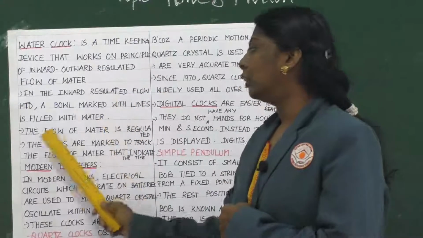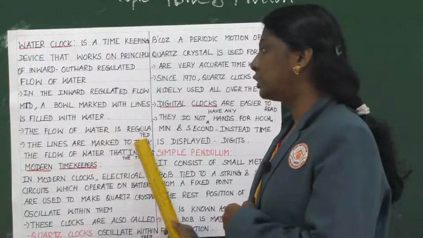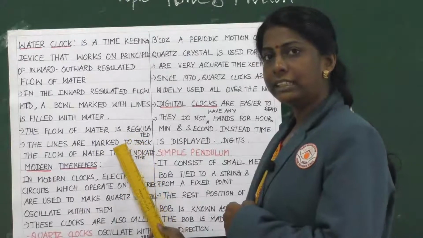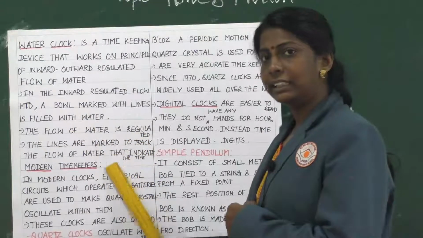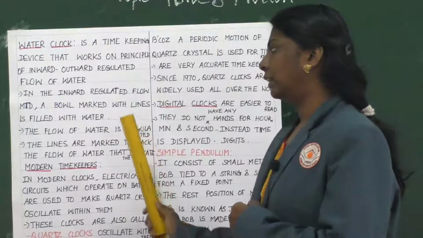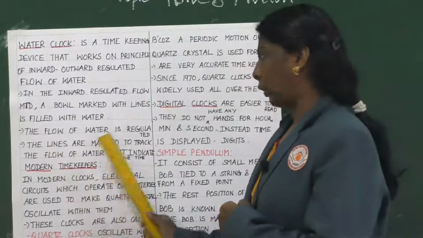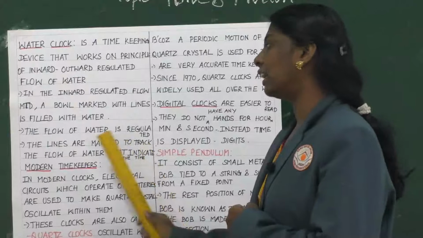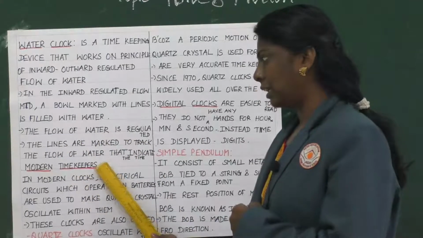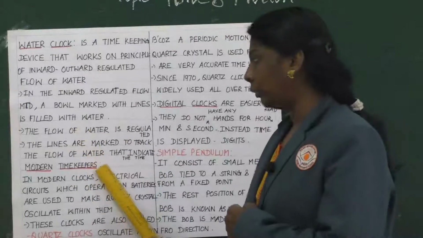Then the flow of water is regulated. Regulated in the sense that it is getting collected in a reservoir. Then the lines are marked to track the flow of water, so it will be collected down.